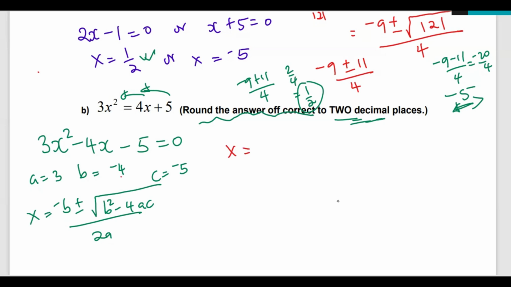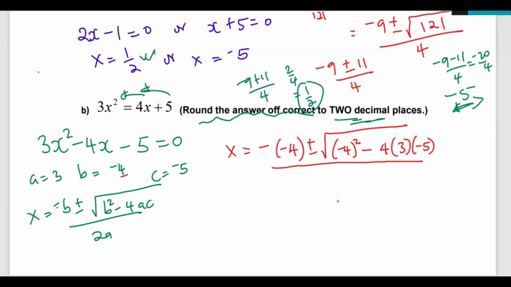Since the b was a negative, then I already have a negative in front there, so it means it's going to be a positive. So negative and negative 4 plus minus, this is going to be negative 4 squared. Please put the brackets, 4 multiplied by the a, which is 3, and then the c, which is negative 5. This is all over 2 multiplied by 3.